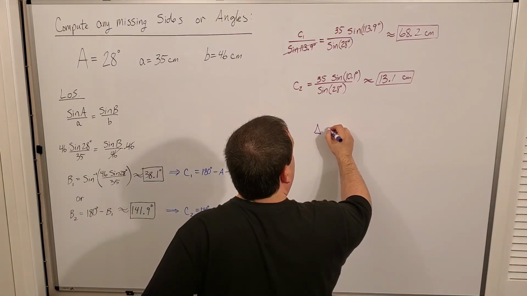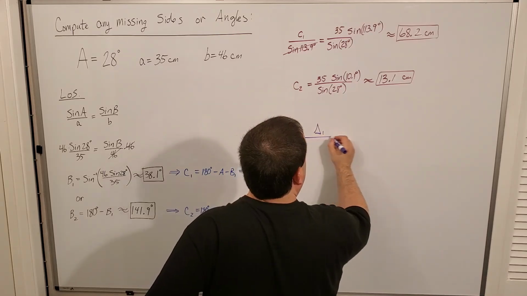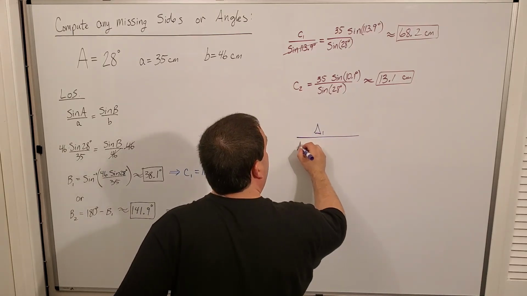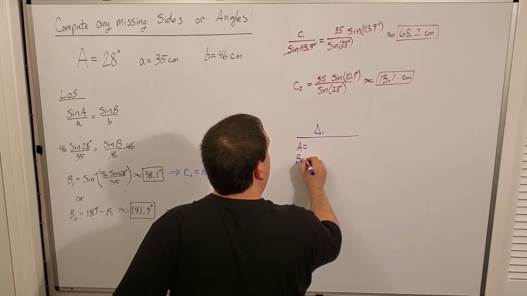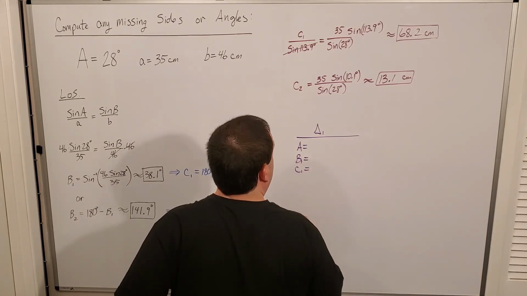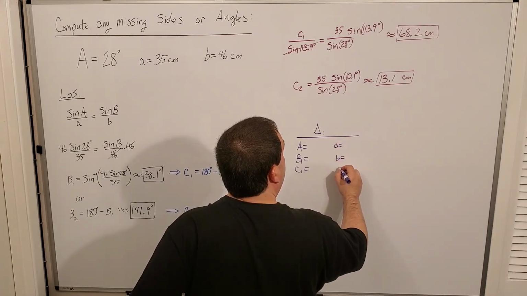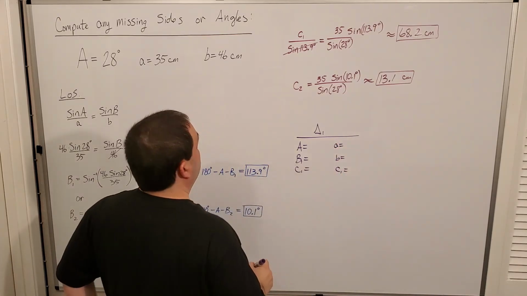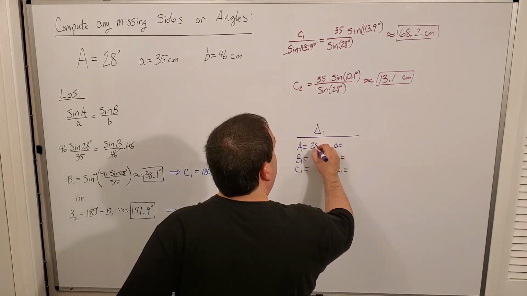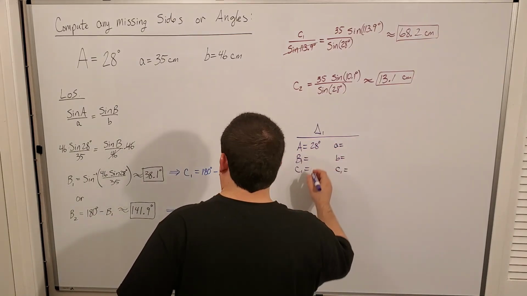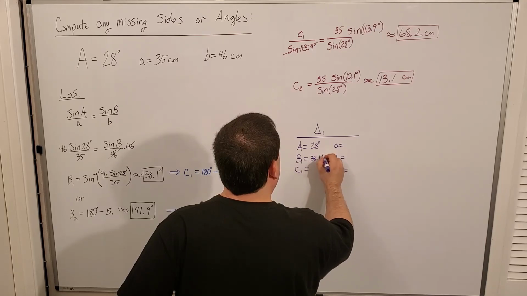Triangle 1. We have our angles A, B1, C1, and our sides, little a, little b, little c1. So we have 28 degrees. B1 was 38.1 degrees.